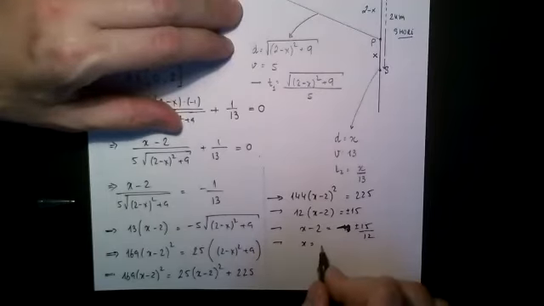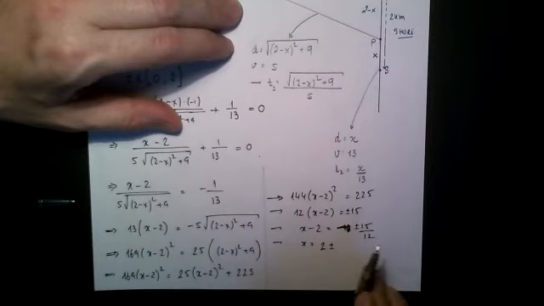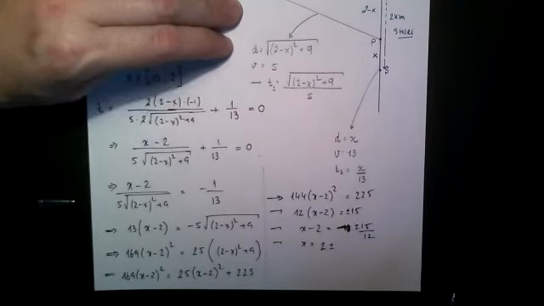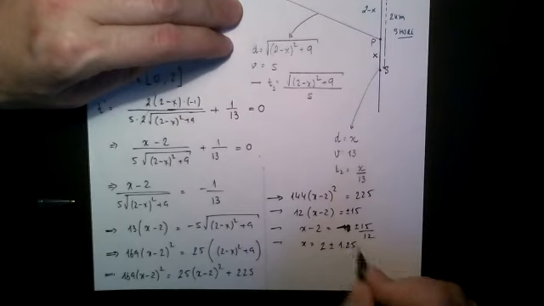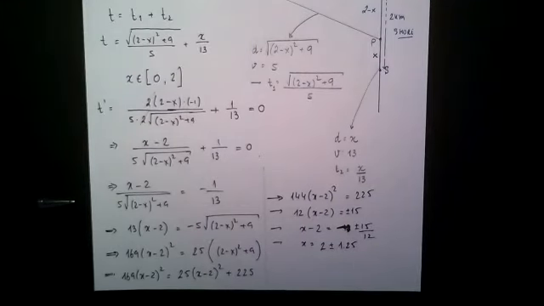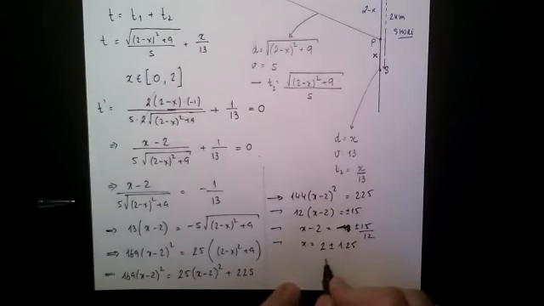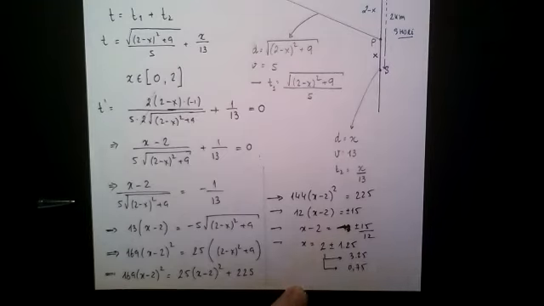Okay, and so x is equal to 2 plus or minus 15 over 12, which, if you divide by 3, you get 5 over 4, which is 1.25. So these are the values of x, which is either 3.25 or 0.75.